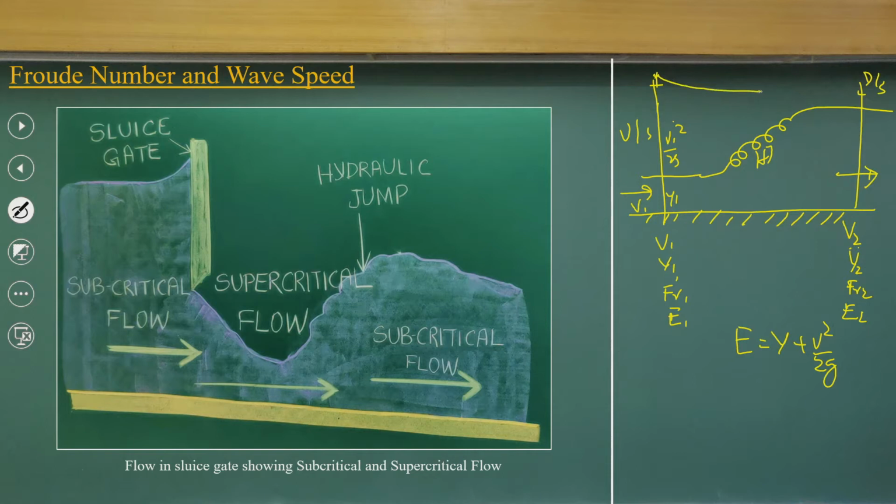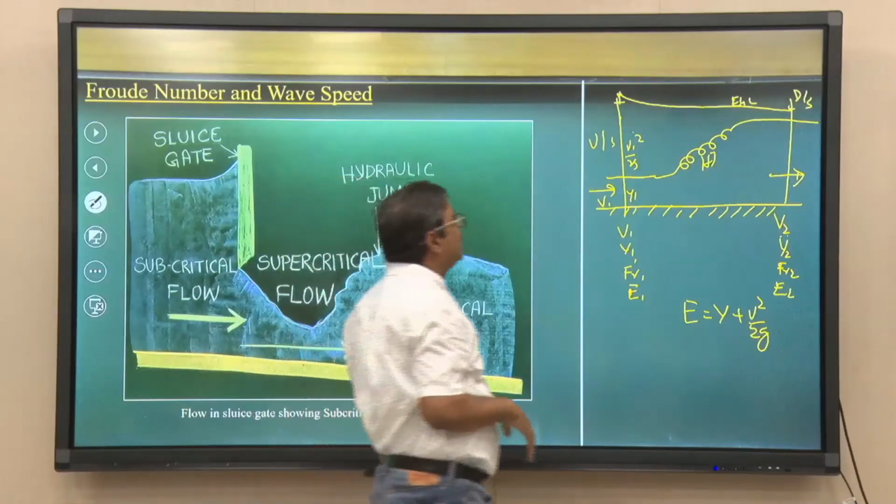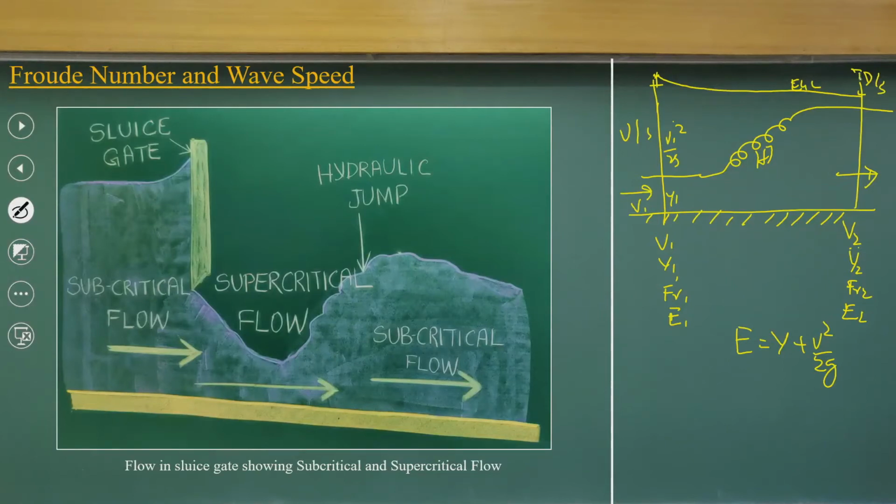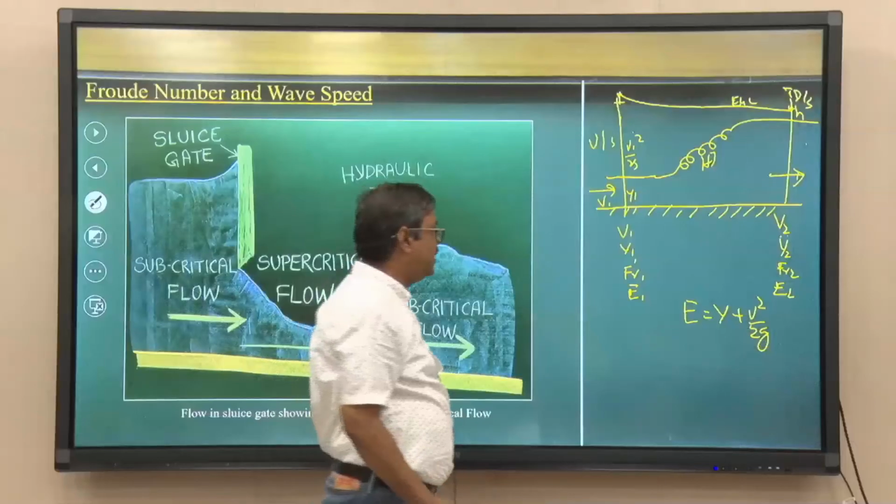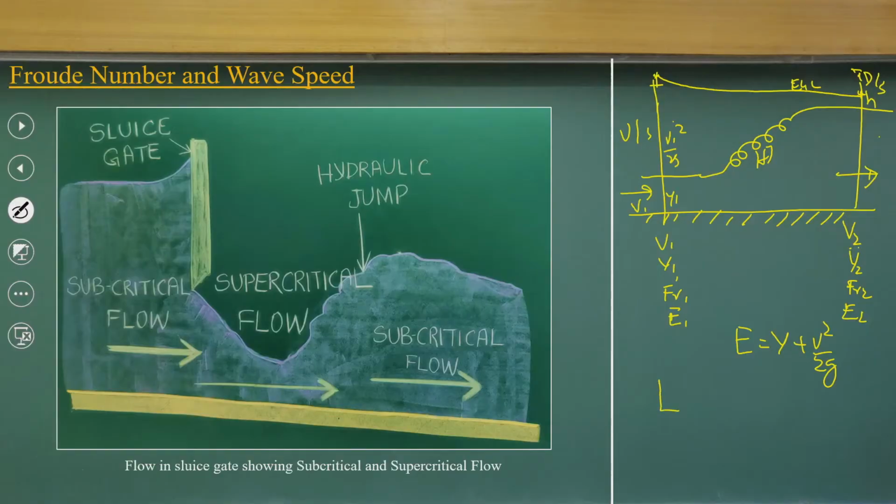The energy line will come like this; this is the energy gradient line, and the energy losses will be reflected in it. If I call the energy loss due to the hydraulic jump HL, I can write energy conservation very easily: E1 is equal to E2 plus HL. Very simple.